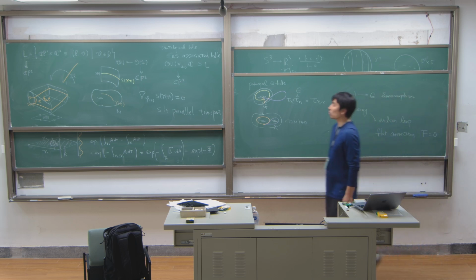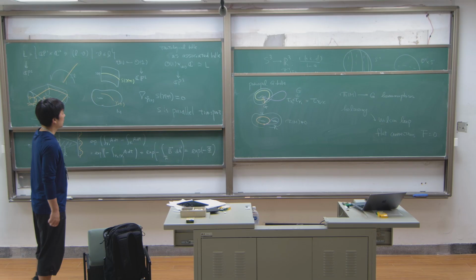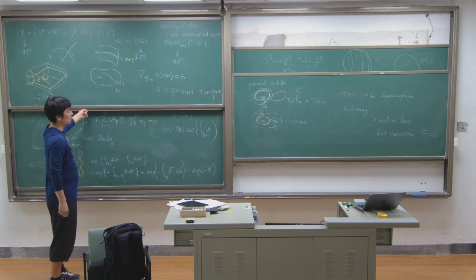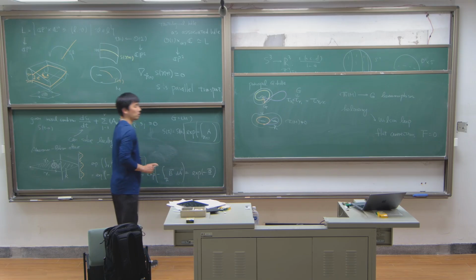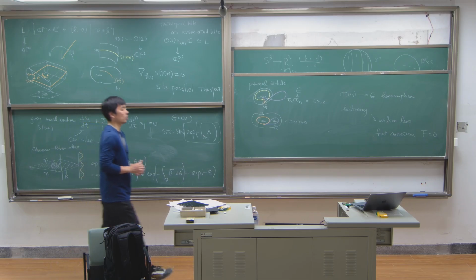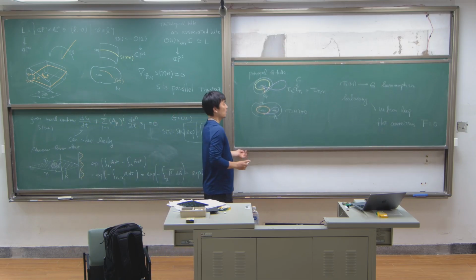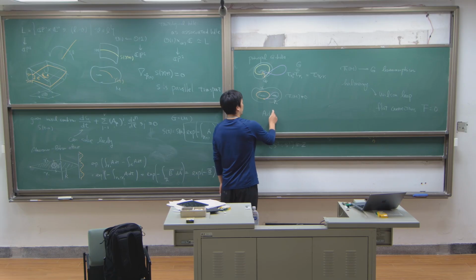In particular, if you look at this form, the exponential of the difference, we already saw this expression in the linking number, when you consider U(1) abelian Chern-Simons elements.